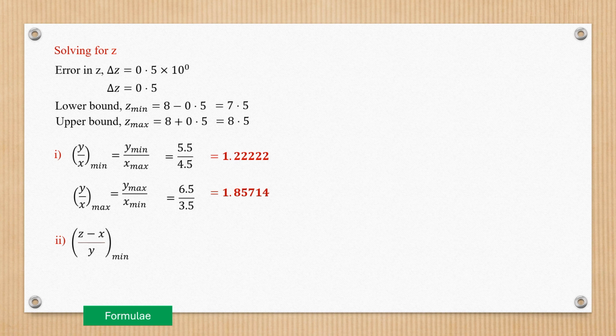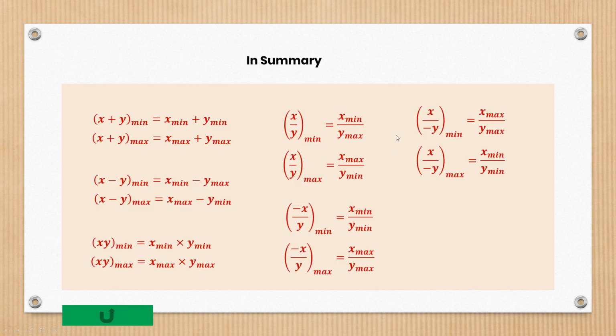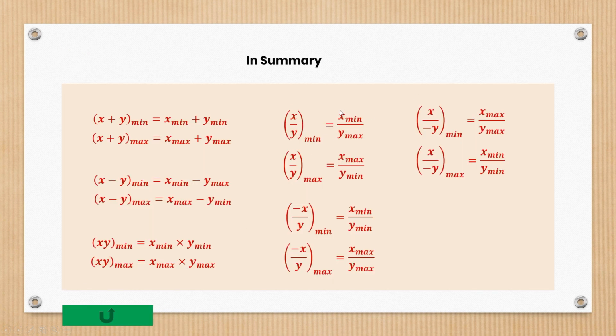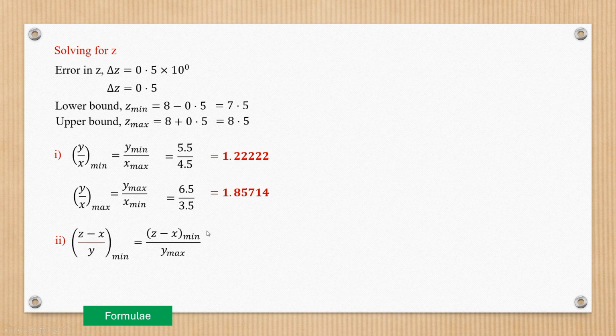So when we're finding z minus x over y mean, we shall look at the positive quotients again. So we shall just focus on the positives here. So now let's first divide this. To find the minimum, we shall have x min over y max. So it shall have minimum at the top and then maximum at the bottom. So that means we shall have z minus x min over y max.